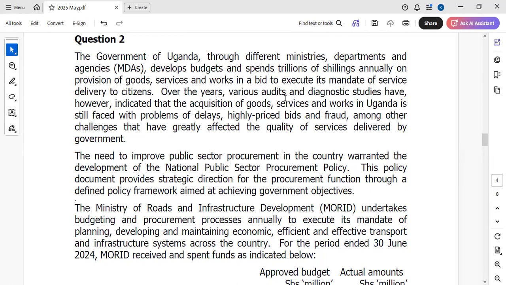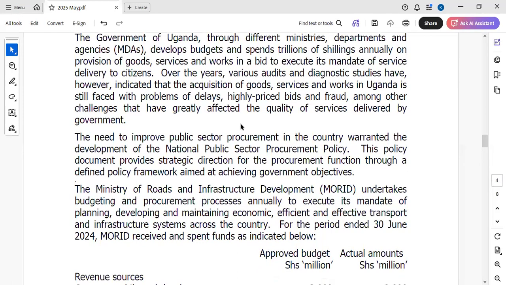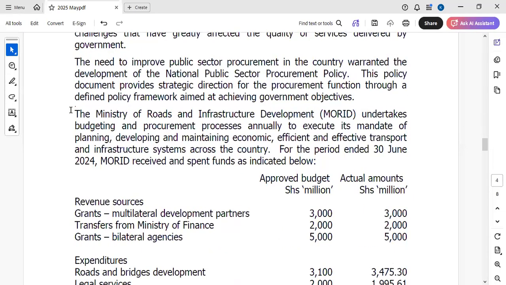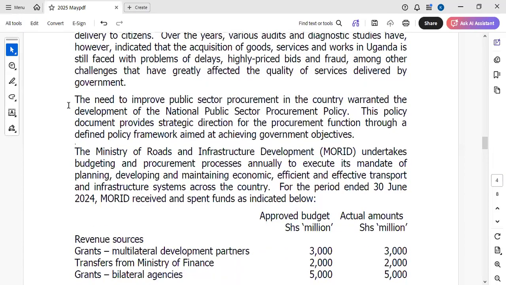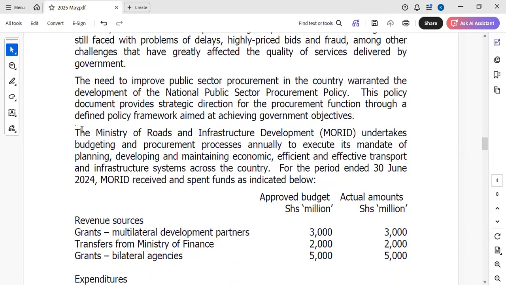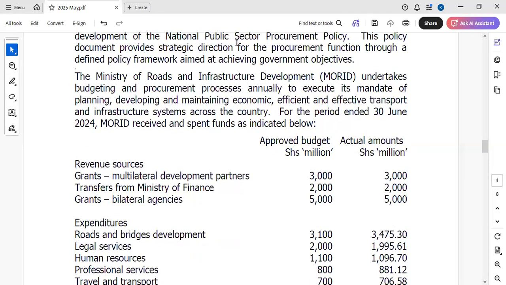Over the years, various audits and diagnostic studies have, however, indicated that the acquisition needs to improve the public procurement. We really don't have business with paragraph 1 for purposes of our part B.